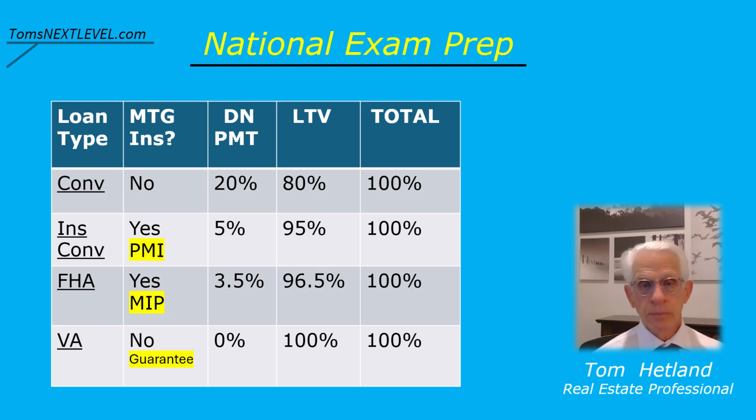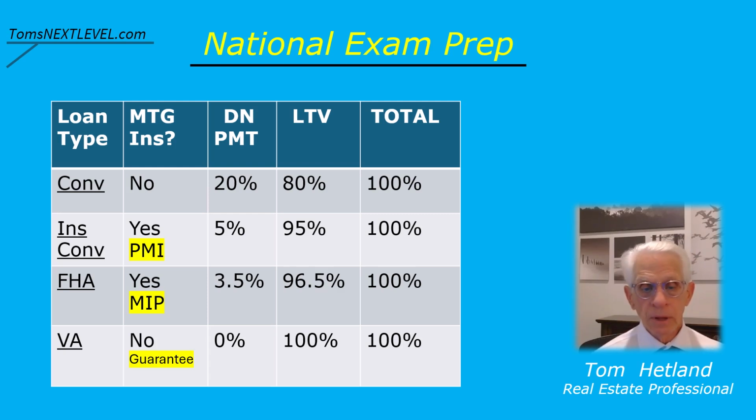So that's the big difference I want you to keep track of for the test in your notebook. MIP, mortgage insurance premium, is placed on FHA loans with a small down payment. But PMI also is mortgage insurance, but PMI is the term that's used when it's an insured conventional loan. In other words, a non-FHA loan or a non-government loan.